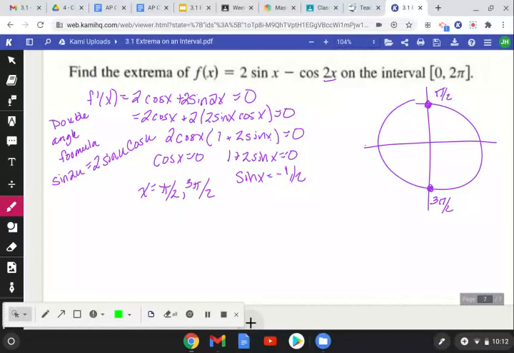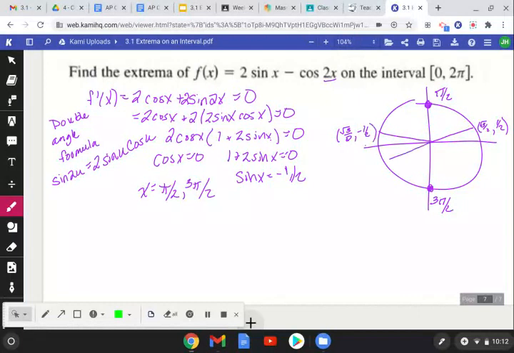So if we have our pi over 6, this ordered pair here is root 3 over 2, comma 1/2. Okay. So that one is a positive 1/2, so sine is 1/2. But here, it's talking about your y values. Here is the ordered pair root 3 over 2, negative 1/2.